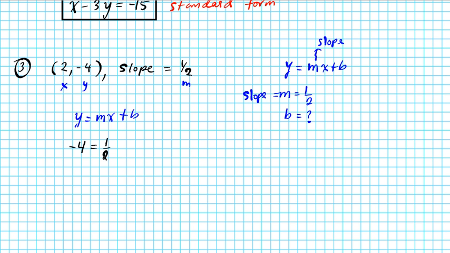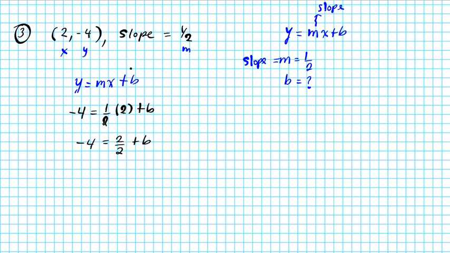So 1/2 times 2 plus b. So I'm going to have -4 equals 1/2 times 2, which is just 2/2, plus b. So you're going to have -4 equals 1 plus b. And then what I'm going to do next is subtract 1 from both sides. And then you're going to have b equals -5.